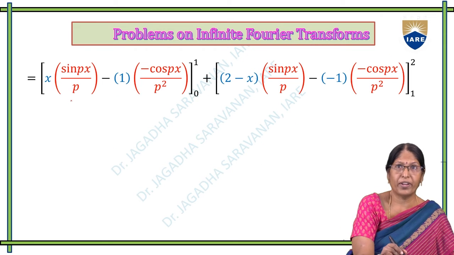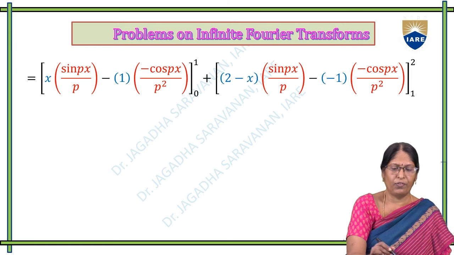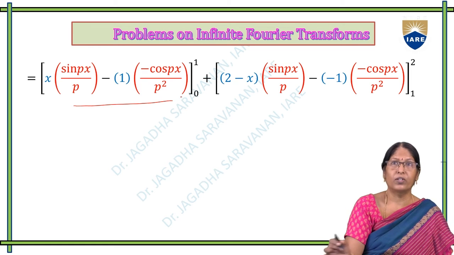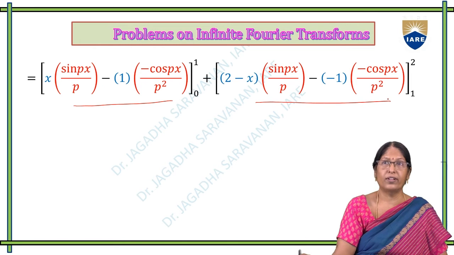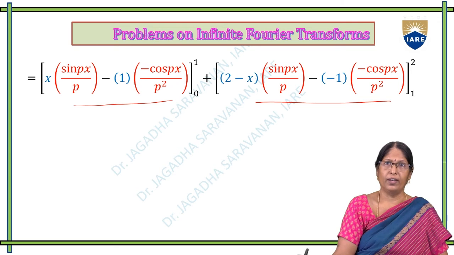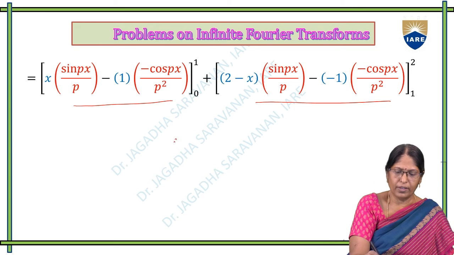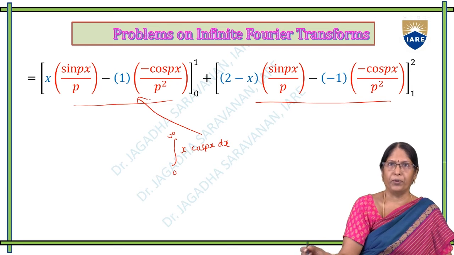So now the integration, that is regarding the Fourier transform. The first integral, the result is given here. The second integral, the result is written here. The first integral, we know it, integral 0 to infinity x cos px dx. This result only is written here.